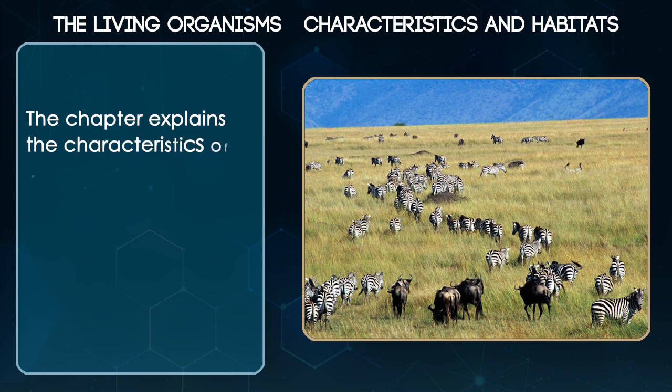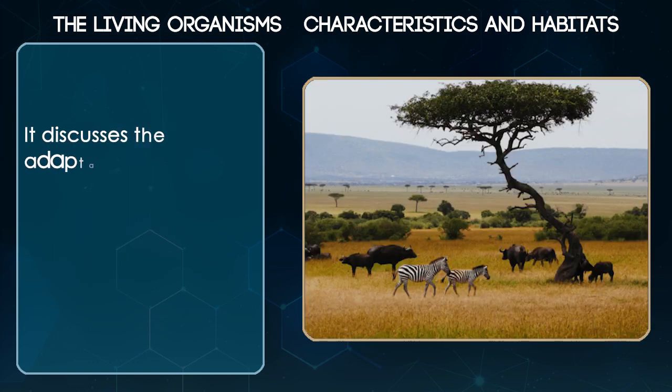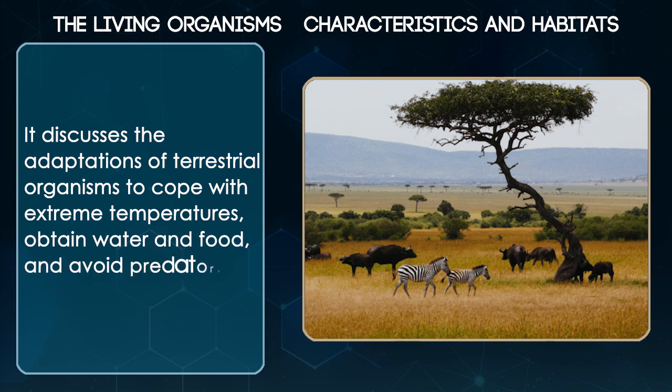The chapter explains the characteristics of different terrestrial habitats such as deserts, forests, grasslands, and mountains. It discusses the adaptations of terrestrial organisms to cope with extreme temperatures, obtain water and food, and avoid predators.